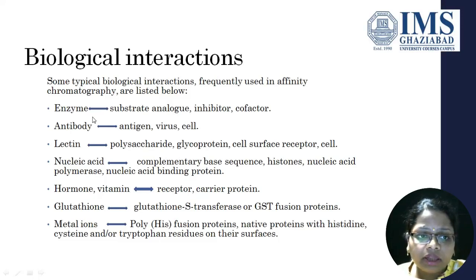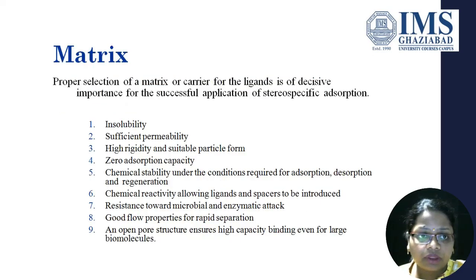For example, the interaction between the enzyme and the substrate, the inhibitor or the cofactor, the antigen and the antibody, the lectins, which are special proteins for polysaccharides, nucleic acids for their complementary base sequences, nucleic acid polymerase enzymes, hormones and vitamins and their receptors, glutathione, and metal ions. So these types of specific biological interactions are made use of in affinity chromatography.